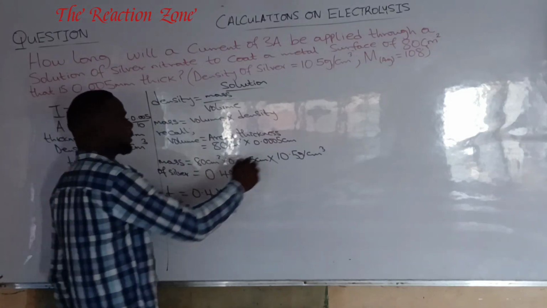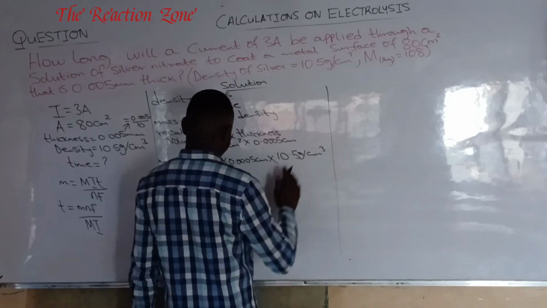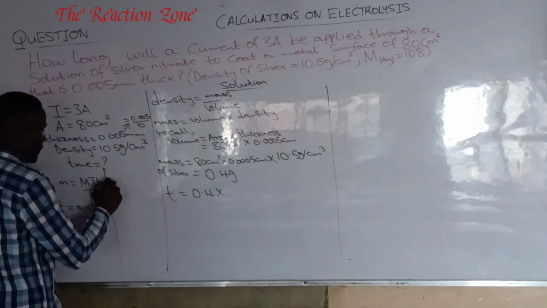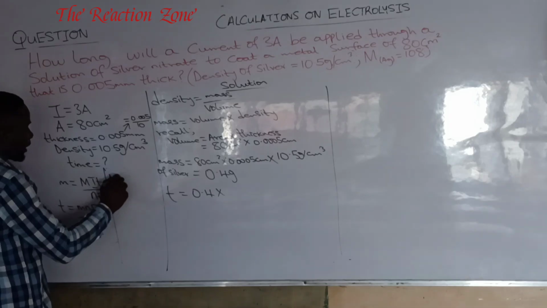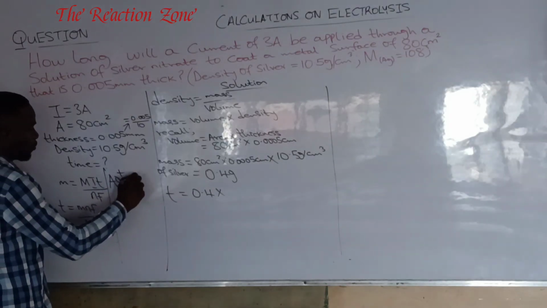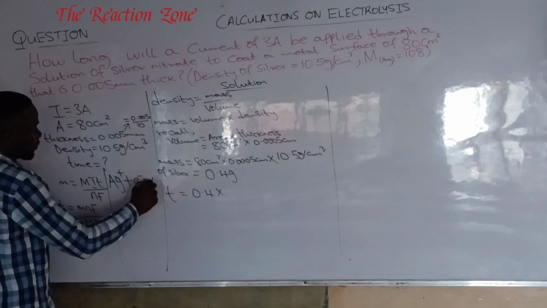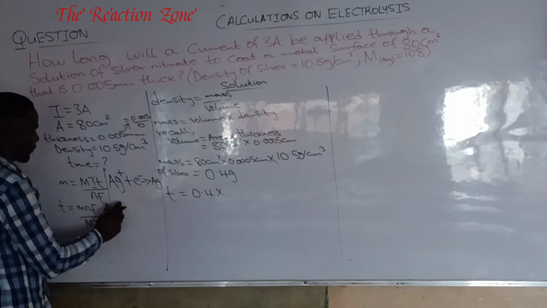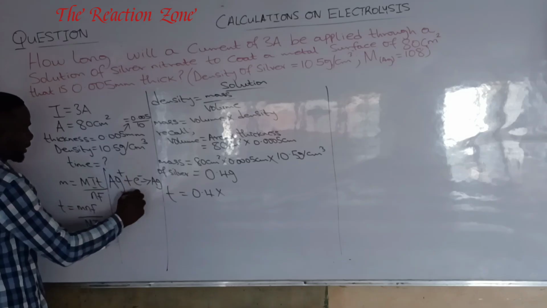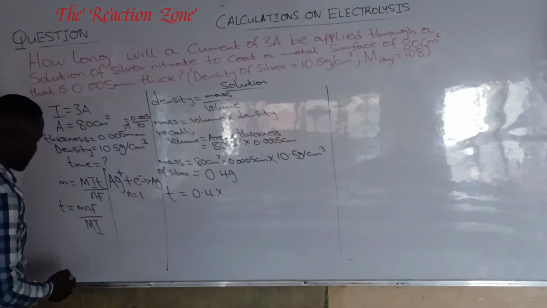Now, how do we get n? Let us not forget that silver is a univalent positive ion, which means it is going to lose an electron to give silver atom. So the charge on silver ion is +1. So it means that n is equal to 1.